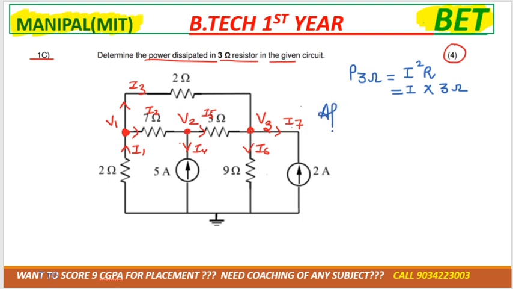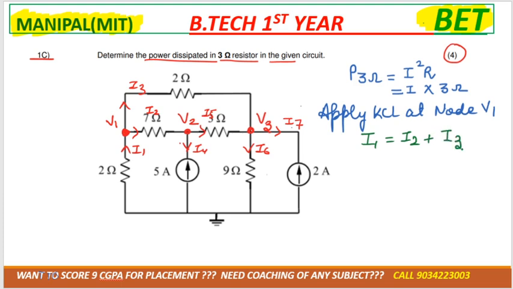Okay. Now apply KCL at node V1. KCL states that the sum of incoming currents is equal to the sum of outgoing currents, correct? So I1 would be equal to I2 plus I3. Now I1 is the current moving from 0 to V1, so it is 0 minus V1 divided by the resistance 2.